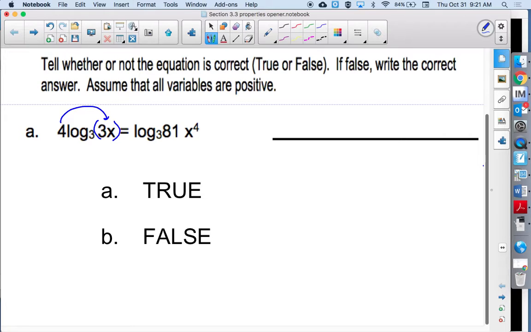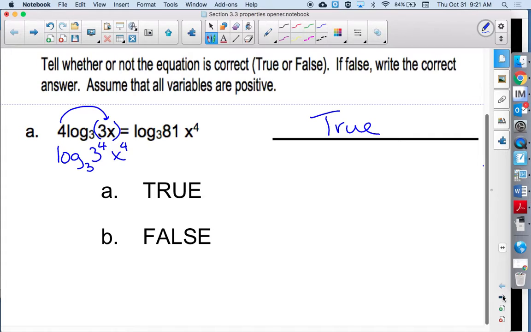So it goes to both of them. If you take 3 to the 4th and x to the 4th, is 3 to the 4th 81? Yes. So this is true. Whatever's after the log is connected to it. That 4 affects both values, so there are really invisible parentheses around there.